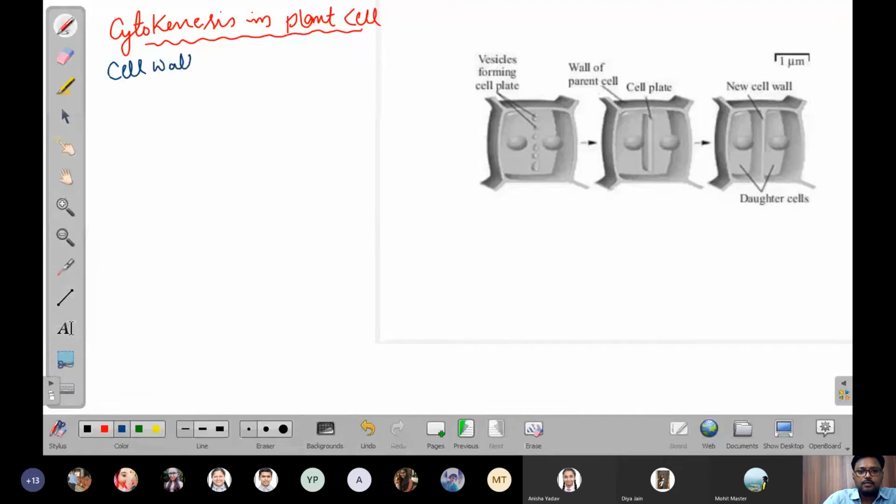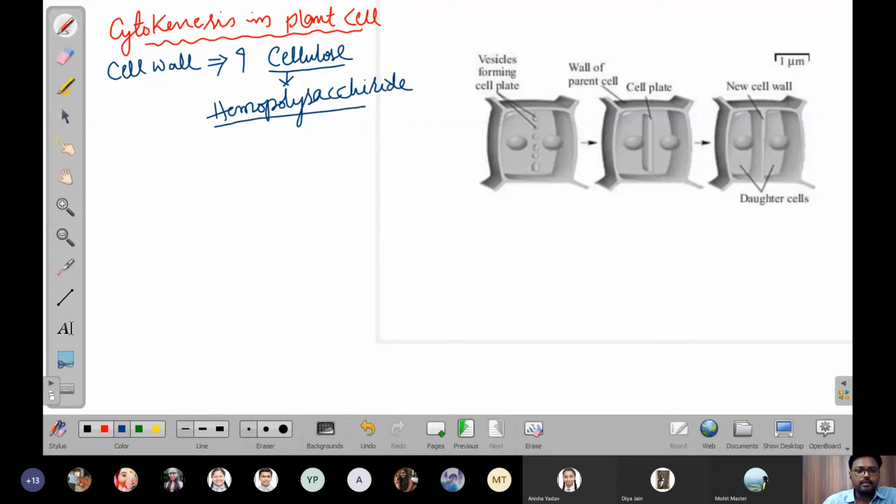And what is the composition of cell wall? Cellulose. Cellulose, right? What is cellulose? It is a homopolysaccharide. We all know that, right? Now what will happen? First, I will take a complete new cell here. This is the cell.